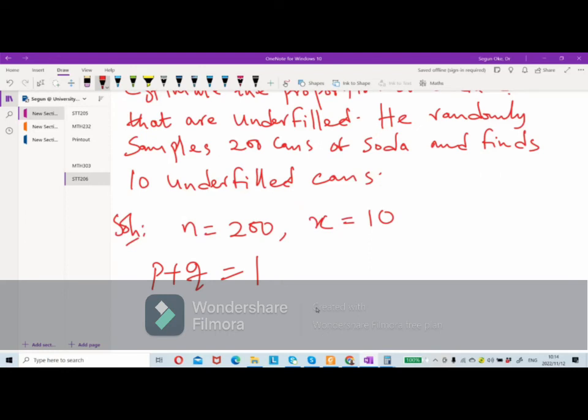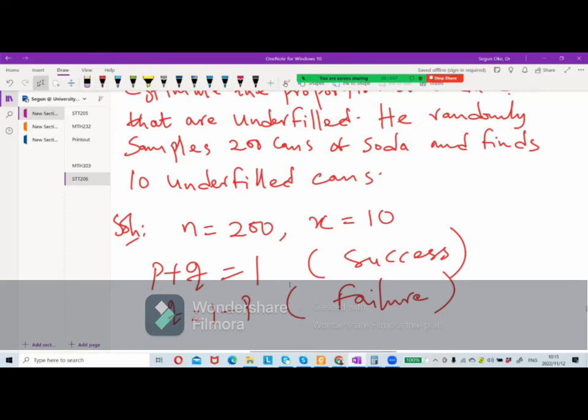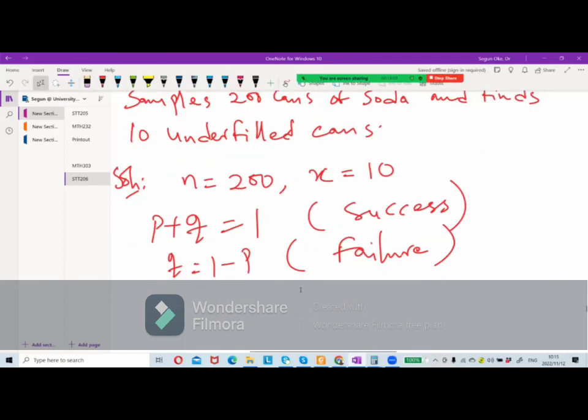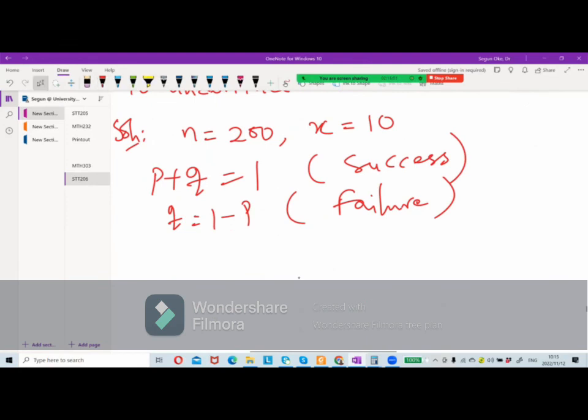Then the failure will be Q equals 1 minus P, which is failure. Are you getting it? Then for the P, we need to calculate the P.